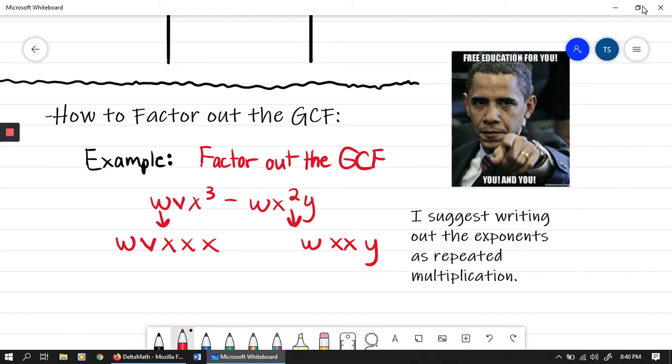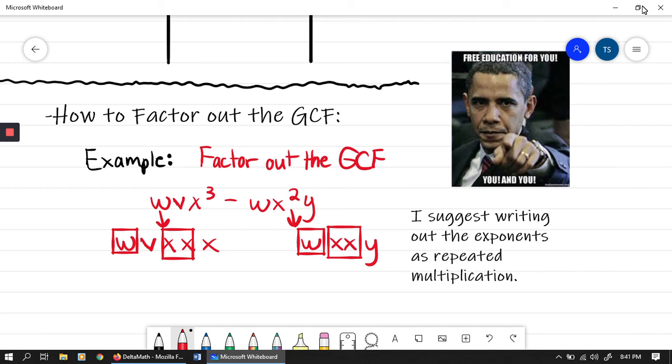So we see that in each term, the one on the left and the one on the right, they each have a W in common, 1 W in common. They also each have two x's in common. So they have one w in common and two x's in common.